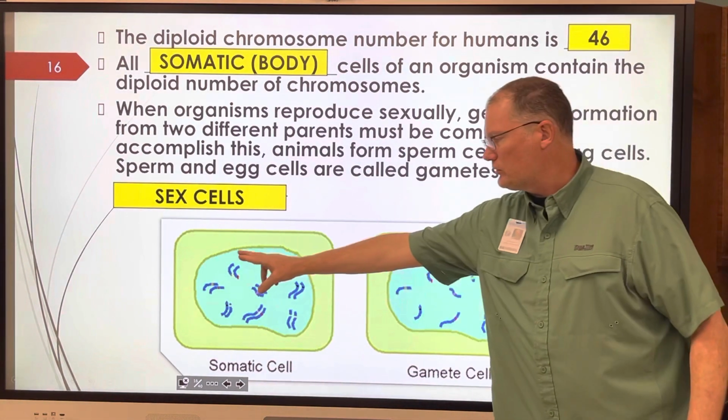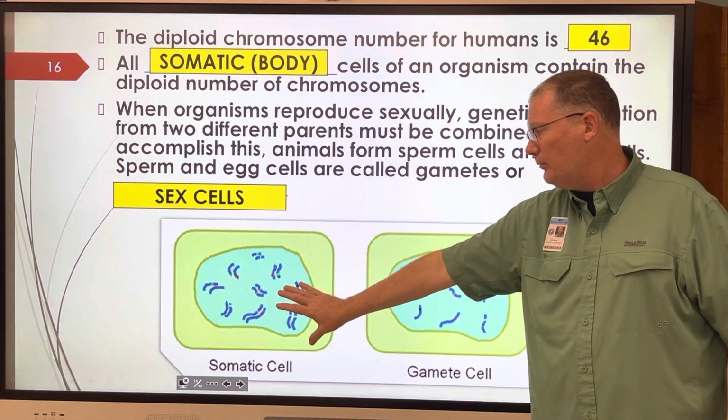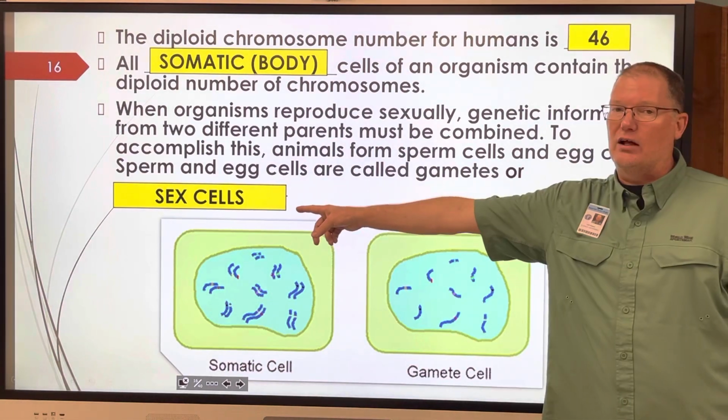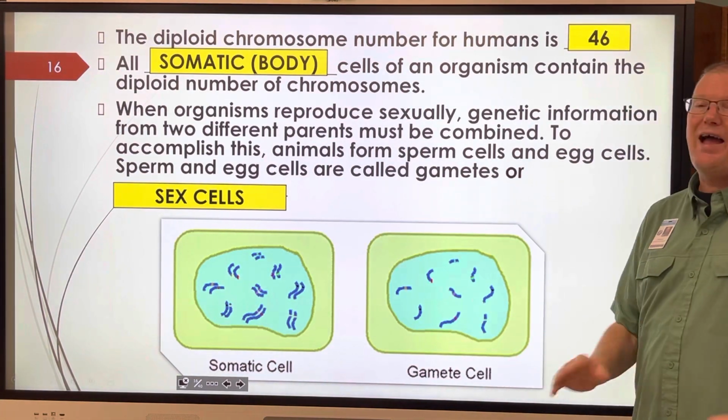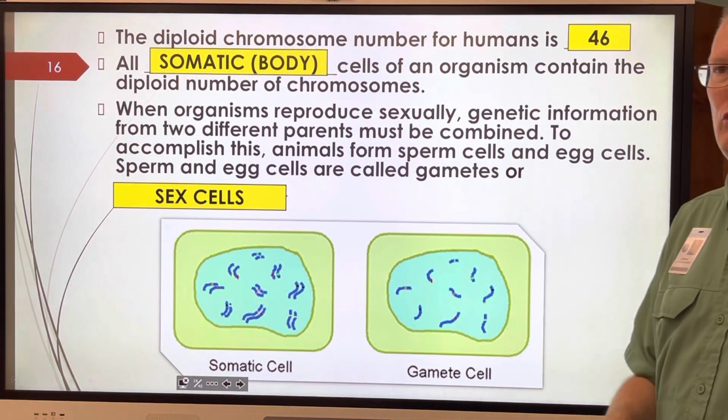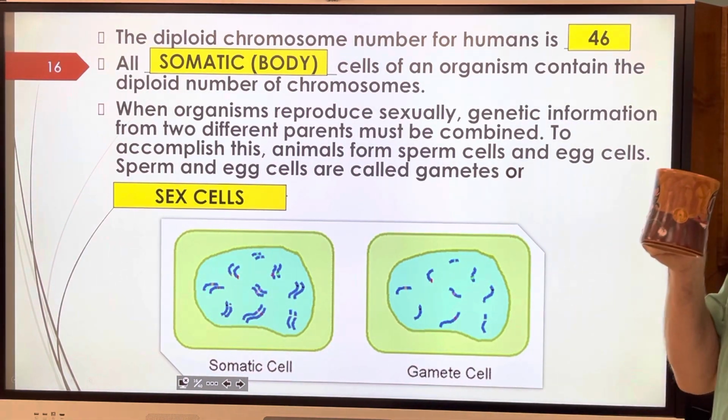So you can see a somatic cell, a body cell, you've got double the number, but in a gamete cell or a sex cell, sperm or egg, you're going to have half the number. Because otherwise the baby would have too many chromosomes and they wouldn't develop properly.